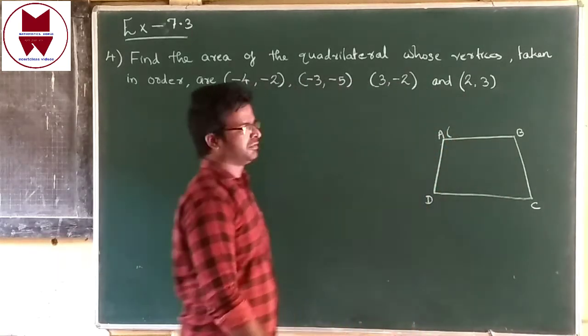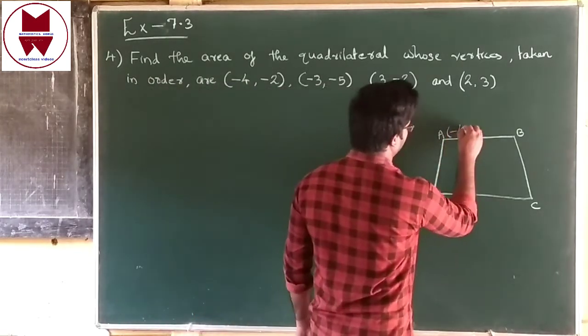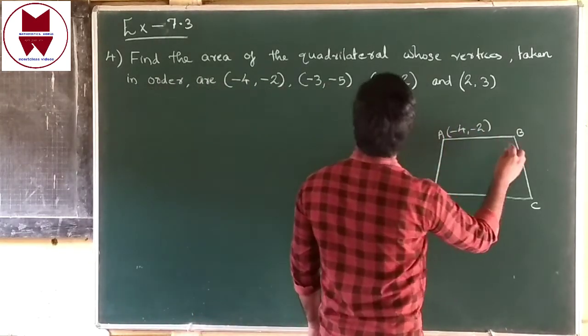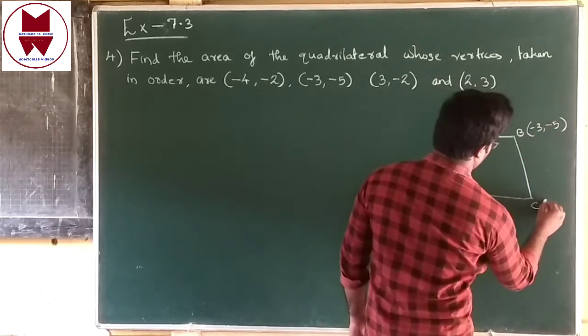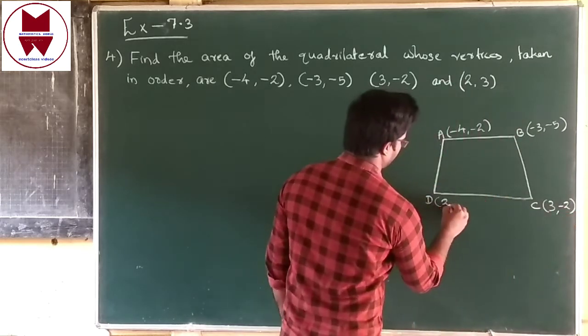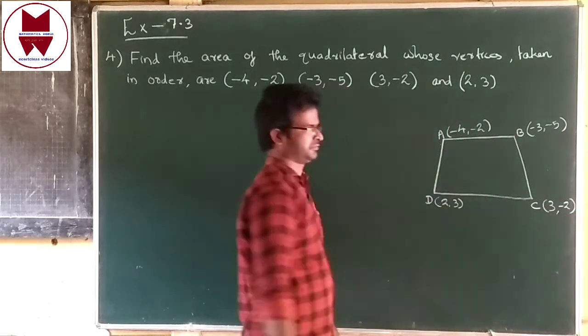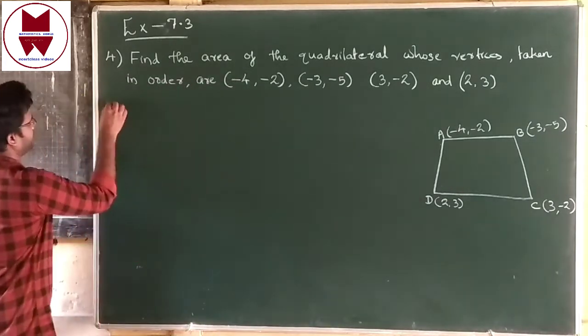The given vertices we can also write: first (-4, -2), then (-3, -5), (3, -2), and (2, 3). These are the given vertices. You can write that.